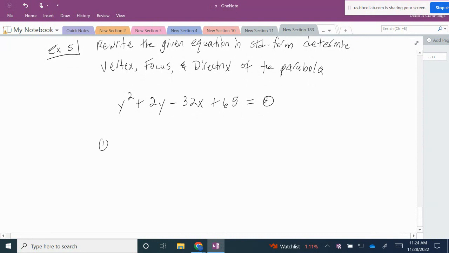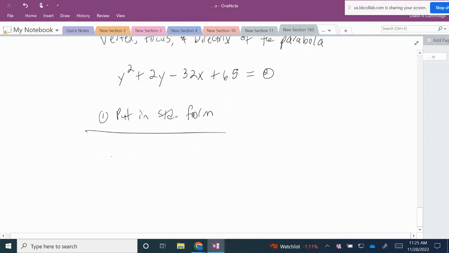First I'm going to somewhat put it in standard form. So we have y squared plus 2y, and then I'm going to add 32x to both sides, and subtract 65 from both sides, because I want to isolate my y variables since my y variable is squared.